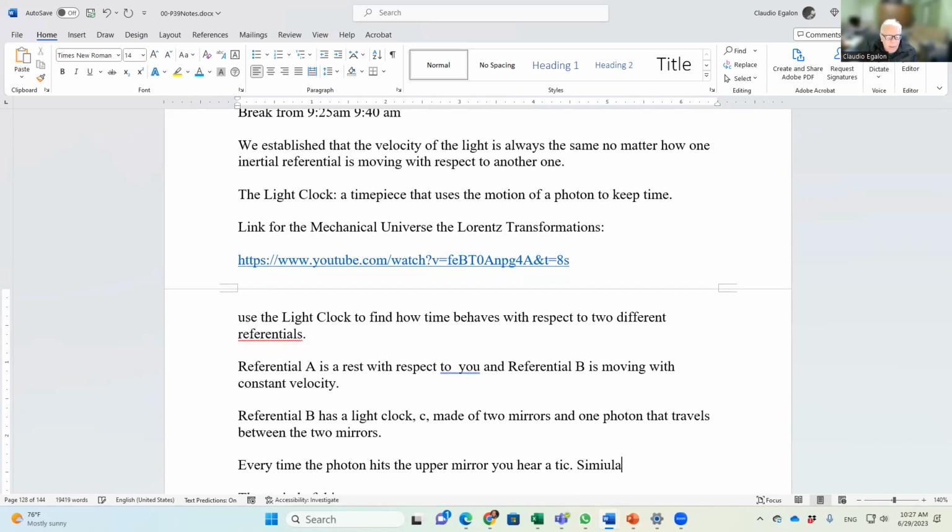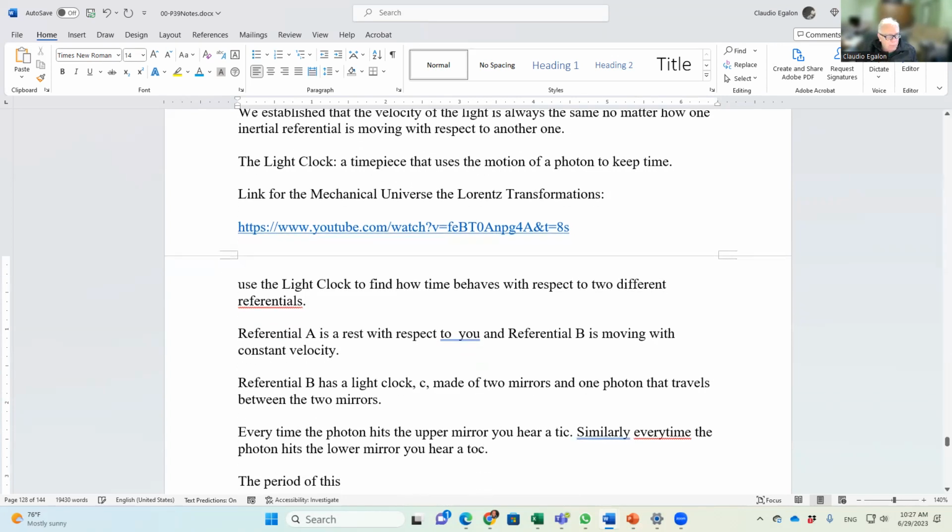Similarly, every time the photon hits the lower mirror, you hear a tock, tick tock, just like in the drawing there.